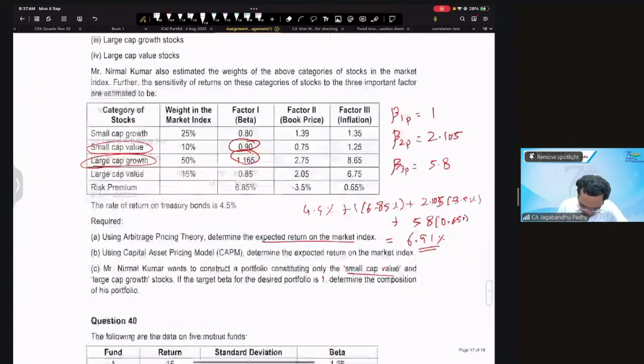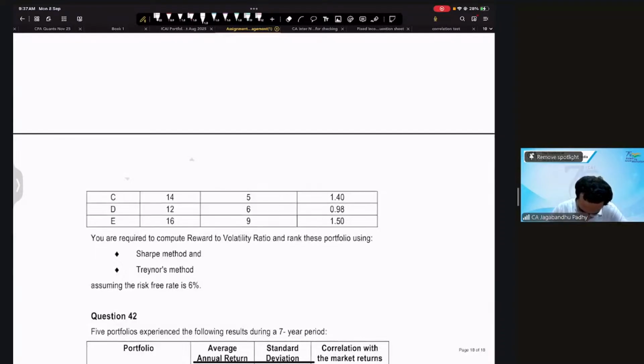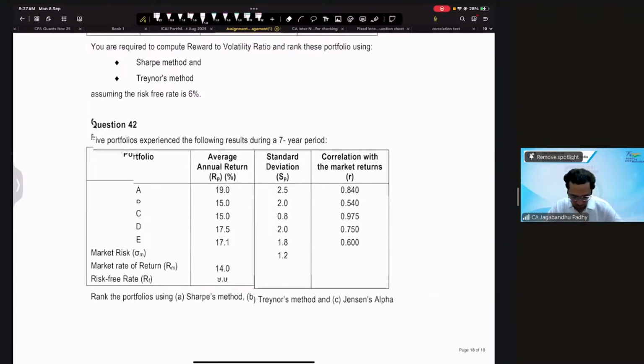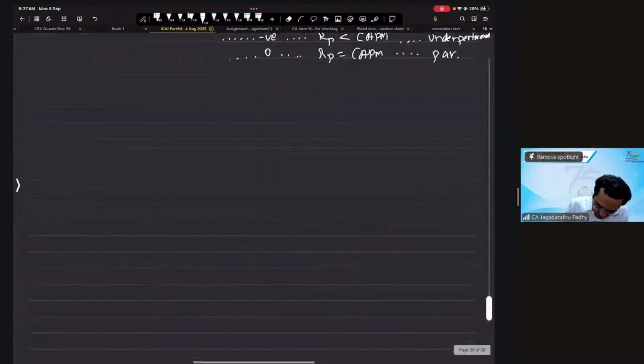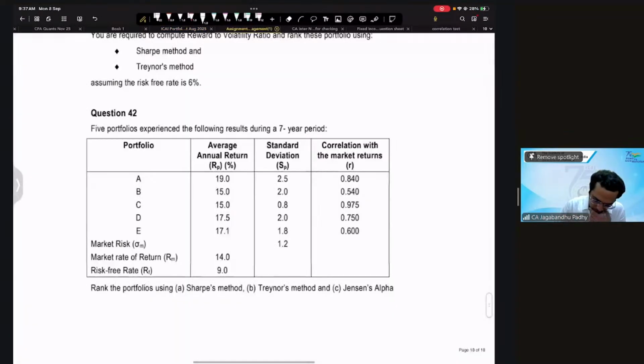Now, let's do one question to implement this. Rank the portfolio. Question 42. Five portfolios experience the following results during a 7-year period.